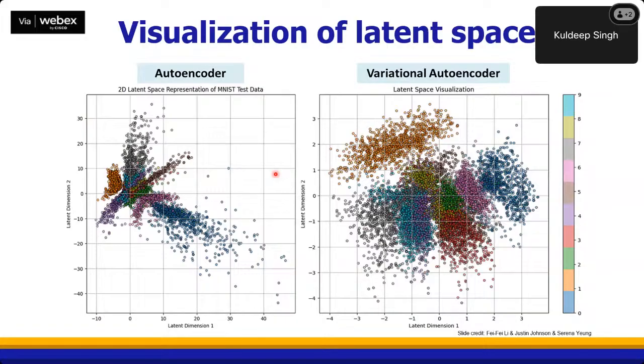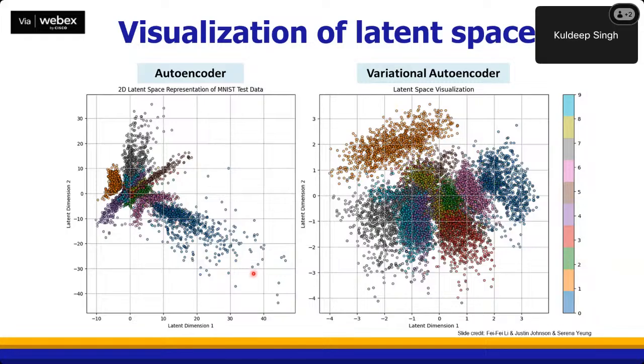Now, if we do the visualization of the latent space, if we compare the latent space visualization of autoencoder and variational autoencoder, you can see here it is on the MNIST dataset. You can see how in autoencoder these data points in the latent space are distributed.